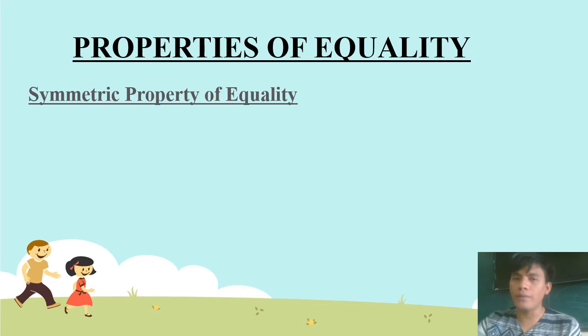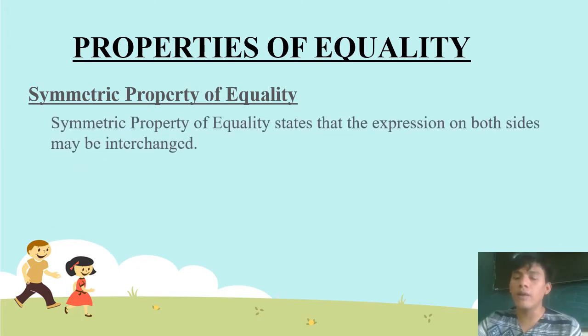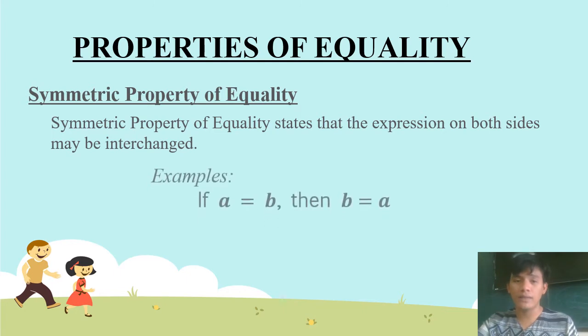Another type of property of equality, symmetric property of equality. Symmetric property of equality states that the expressions on both sides may be interchanged, and it is still equal.